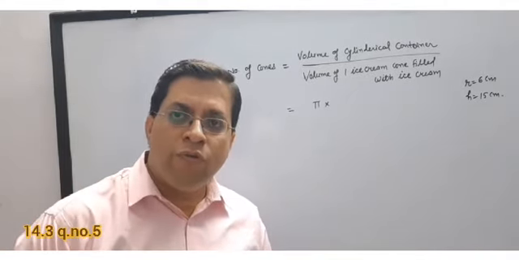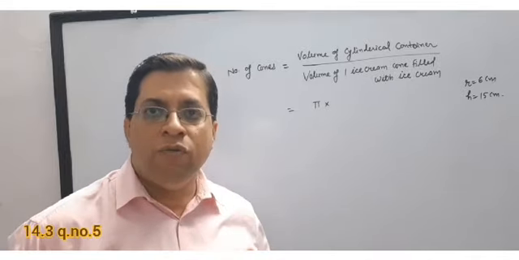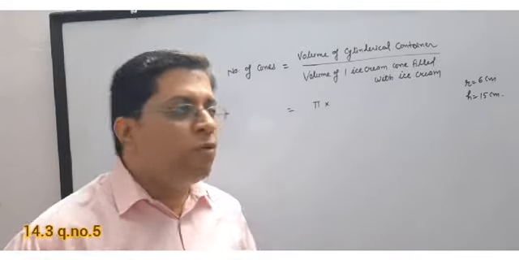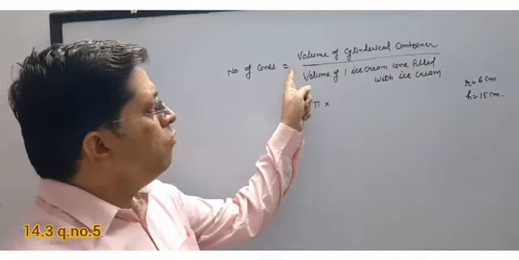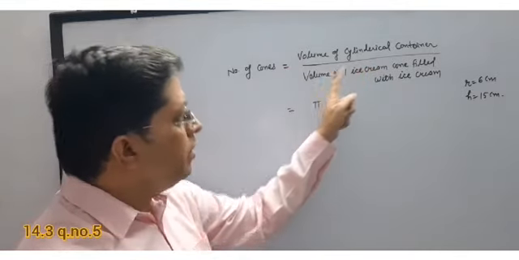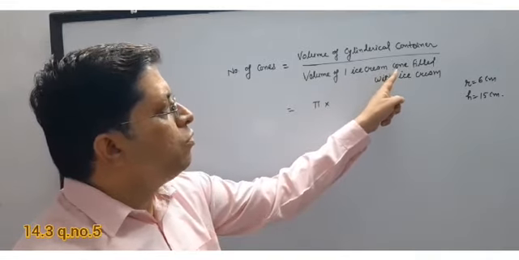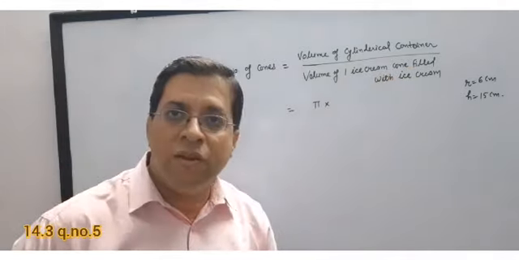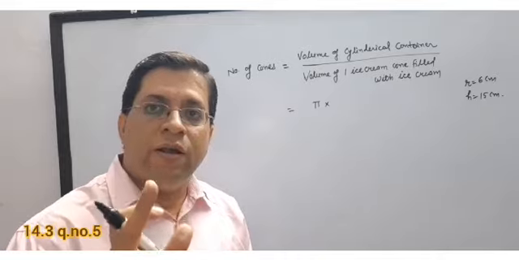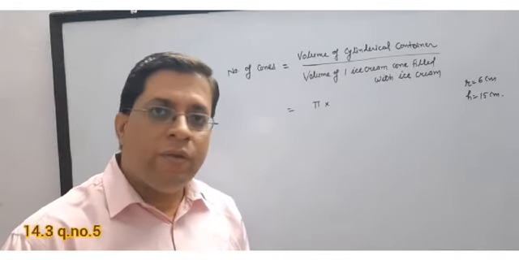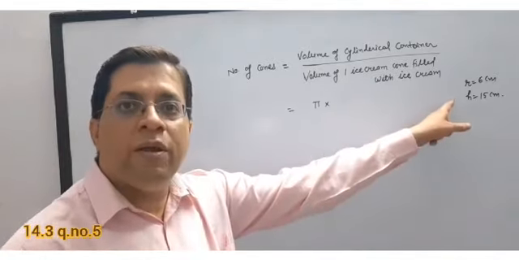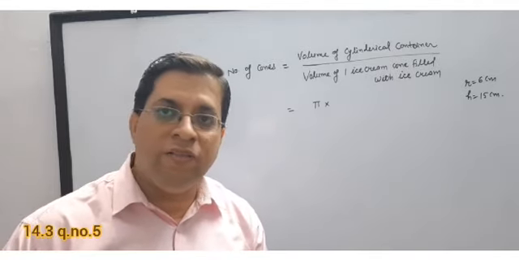Now what you have to find out? You have to find the number of cones. And what will be the number of cones? Volume of the cylindrical container upon volume of one ice cream cone filled with ice cream. For the cylindrical container, radius is 6 centimeter and height is 15 centimeter.